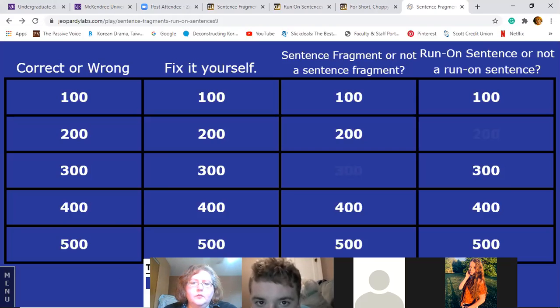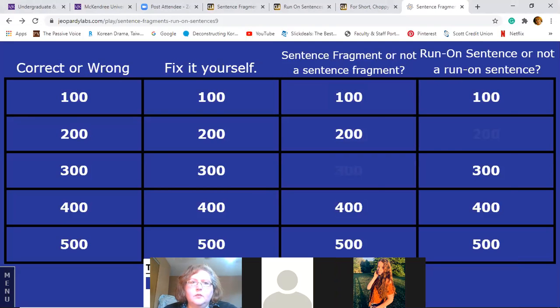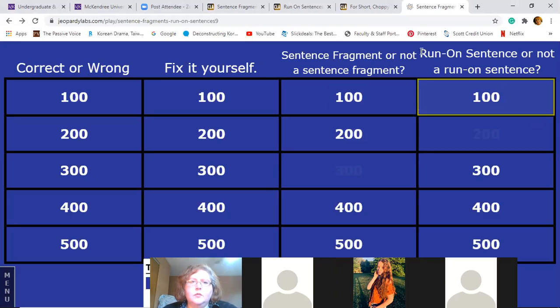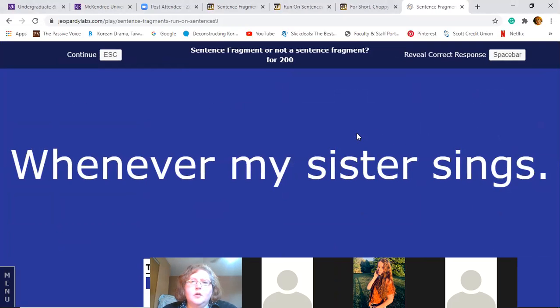Are you guys fine with sentence and fragment? Yeah, that's fine with me. Okay. Sentence and fragment for 200. Whenever my sister sings. It's a fragment. It is a fragment, right? If you put the test phrases in front of it, it is true that whenever my sister sings, what?